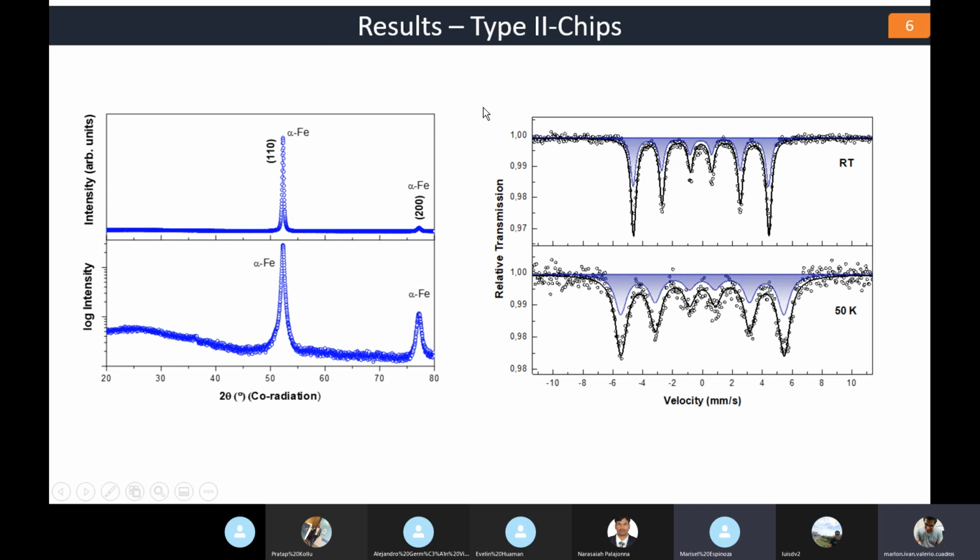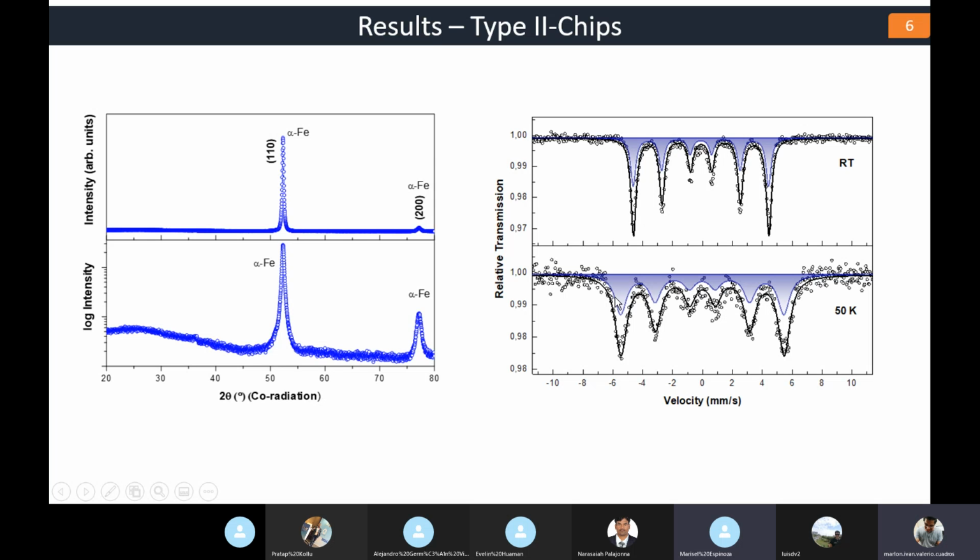In the case of the sample type 2 chips, we identified only alpha iron as a principal phase by X-ray diffraction using a cobalt radiation source. We measured at room temperature and 50 Kelvin. At room temperature, we observed the typical sextet for alpha iron.